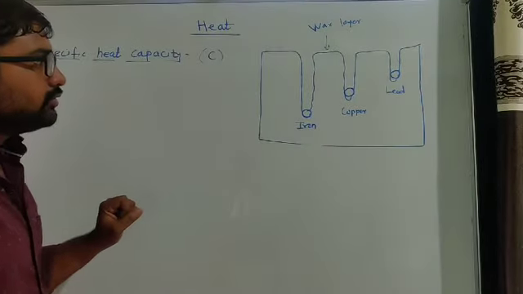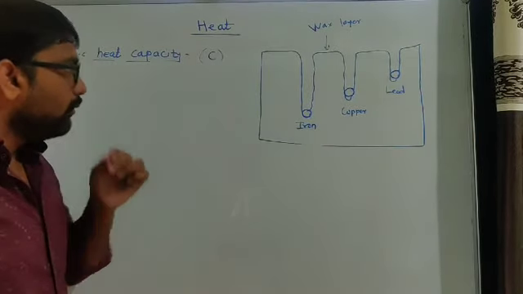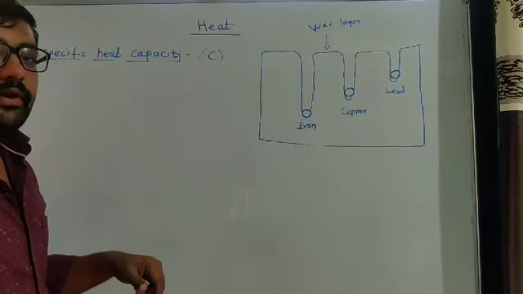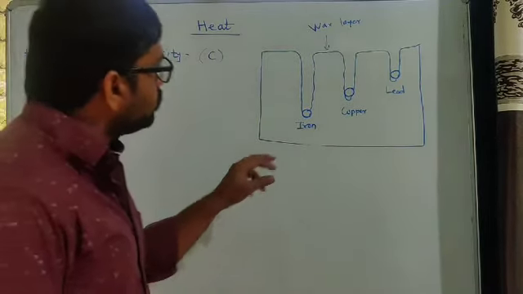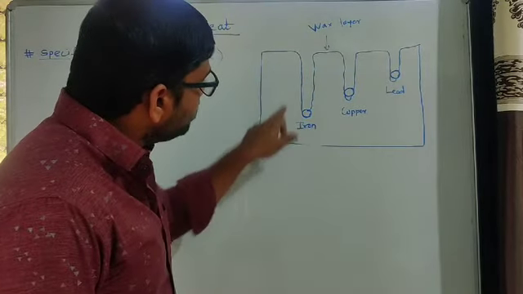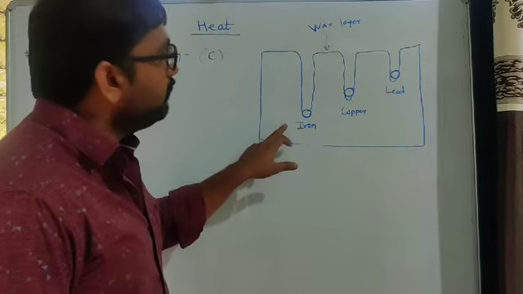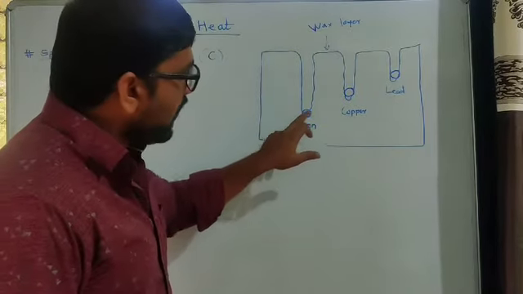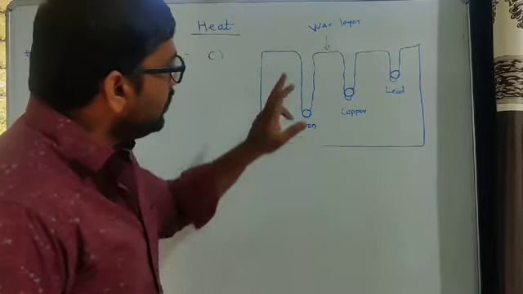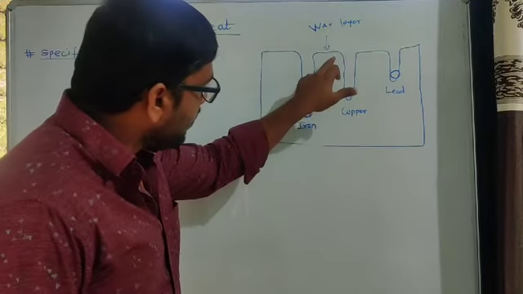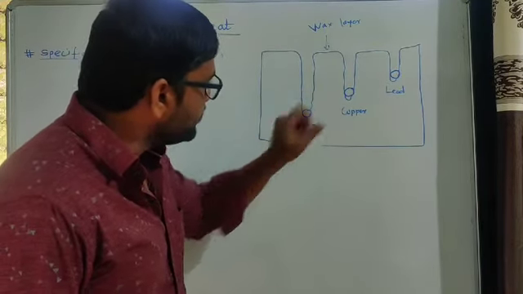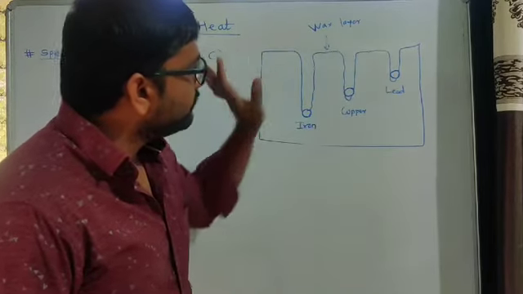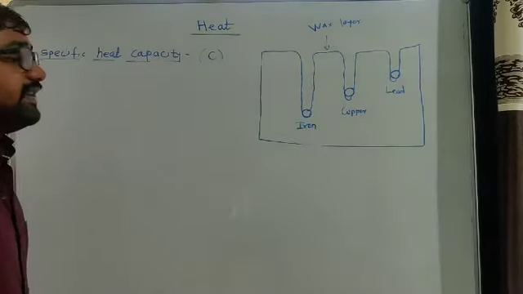Due to the heat of the balls, the wax starts to melt and the balls go deeper and deeper into the wax. The iron ball reaches maximum depth as compared to copper and lead. Copper is in an intermediate state, and lead has the least depth of the three balls.